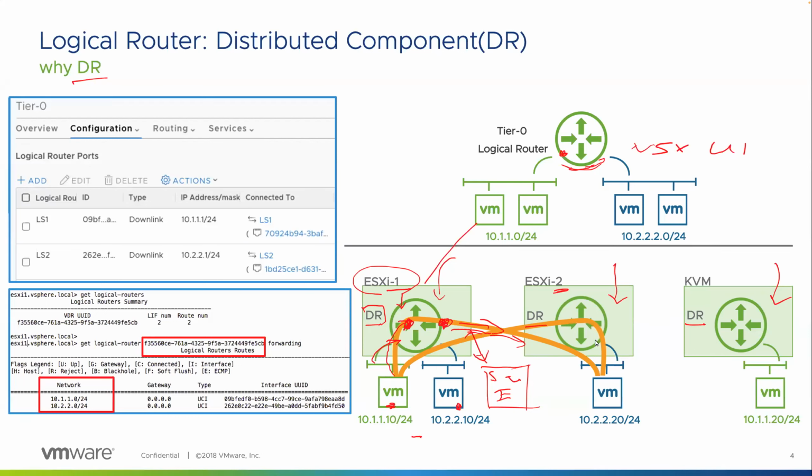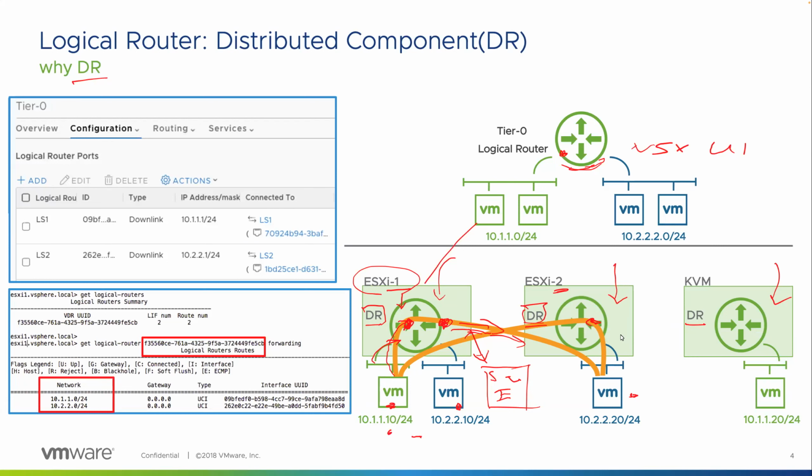And in the opposite direction, when the blue one wants to communicate to the green one, they have to go through this DR. So you can see the difference compared to physical routing. The nearest DR is always chosen for traffic forwarding or routing.